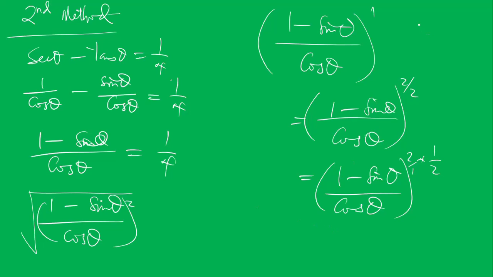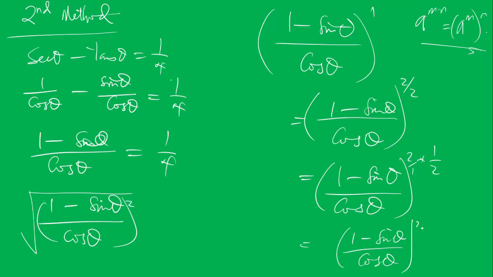Now, using the law of indices, where you have a raised to power m times n is equal to a raised to power m, all raised to power n, let's apply that rule. Now, you have the whole of 1 minus sine theta all divided by cos theta all squared, then raised to the power half.